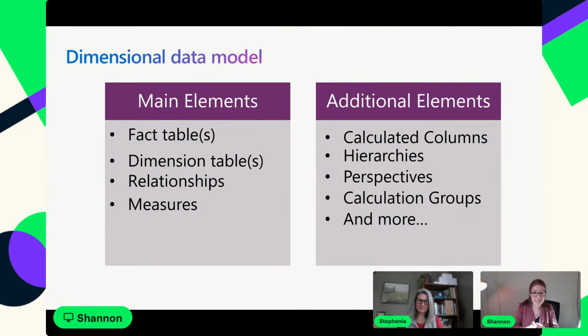Within your dimensional data model, you're going to have what we just mentioned, your fact and dimension tables, additionally your relationships and measures. And then on top of that, to get to our beautiful report that we're about to talk about, you're going to have your calculated columns and measures, your hierarchies, perspectives, calculation groups, all the things you put on top of that.